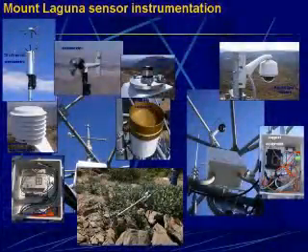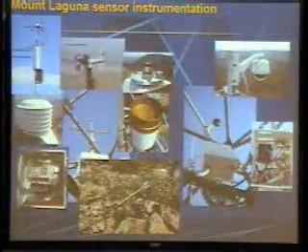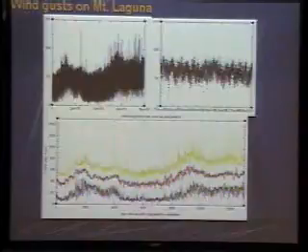Some of the basic sensors, these are Mount Laguna sensors. These are primarily things like rain gauges, wind speed measures, and similar, relatively simple sensors. These are things where you don't need as high fidelity, although they look much bigger than what you would expect on a mountain, and that is because people who actually give weather reports use these. Just to give you some illustrations, the wind gusts that we measure on Mount Laguna go almost as high as 150 miles per hour.